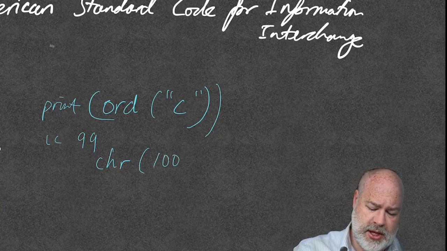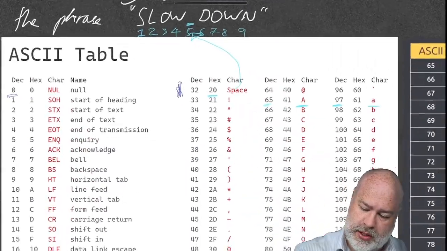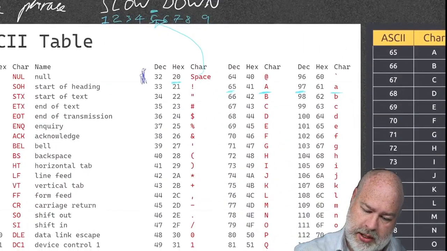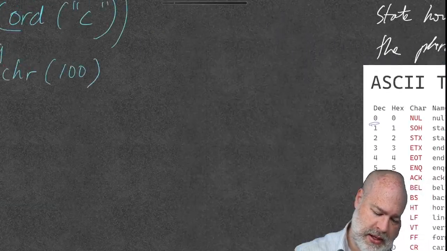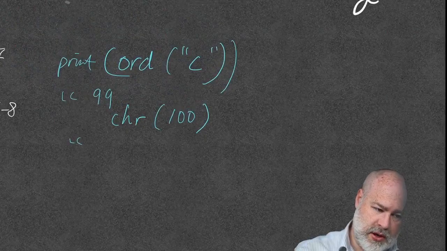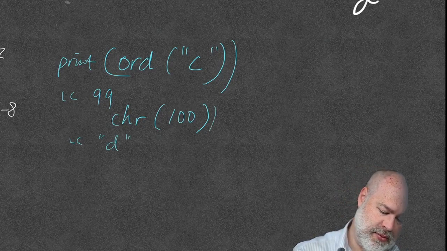We could put the position in there, and that would equate to, let's have a look, I think it's D. Yeah, there you go. Because 67 is uppercase C, so 68 gives us D. That would result in the string D being output if we printed it out, of course.